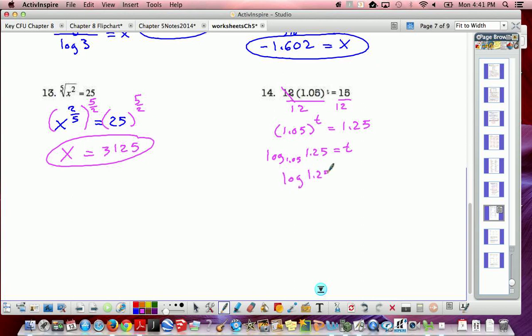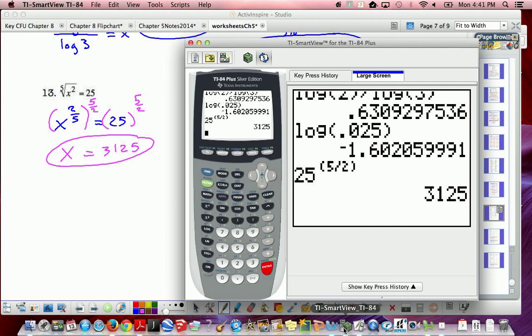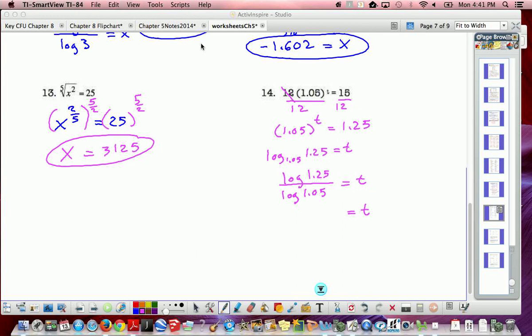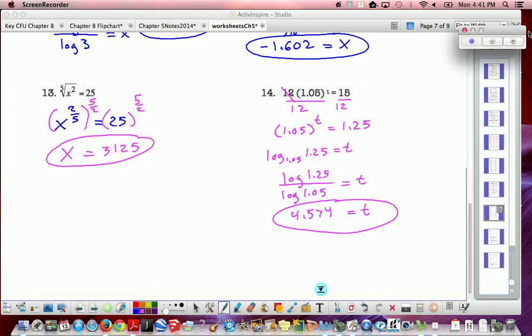Log of 1.25 divided by log of the base 1.05 is going to be my t. So, log of 1.25 divided by log of 1.05, and I get 4.574. So 4.574. All right, that ends our 5.61 worksheet.